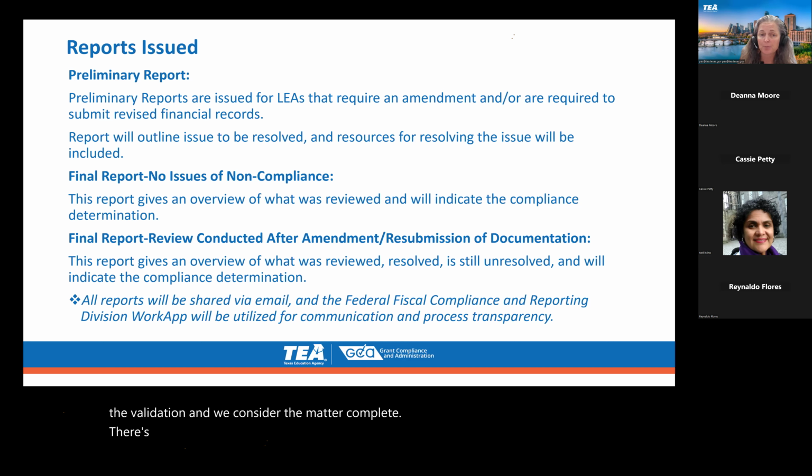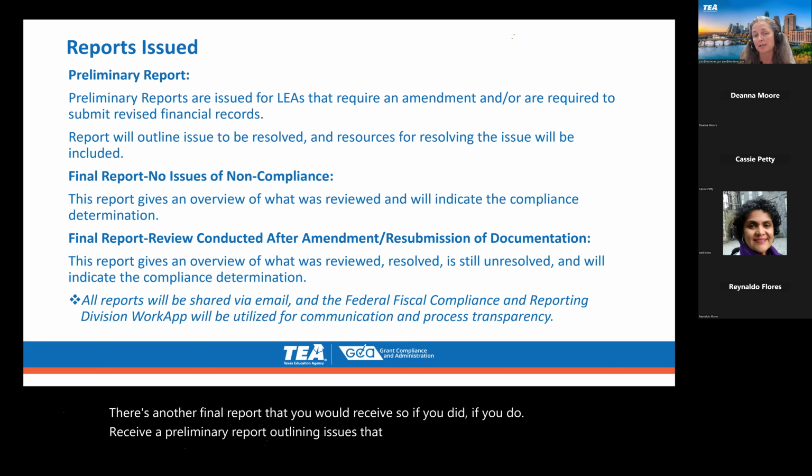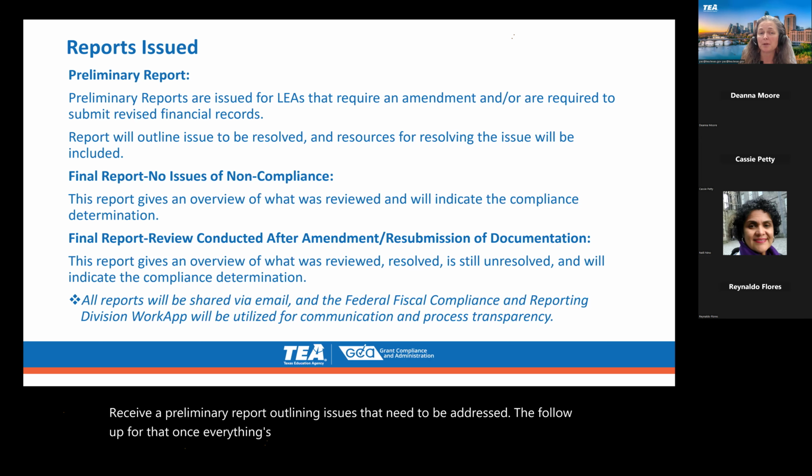There's another final report that you would receive. If you do receive a preliminary report outlining issues that need to be addressed, the follow-up, once everything's been completed, would be the final report after we've reviewed that amendment or resubmission of documentation.